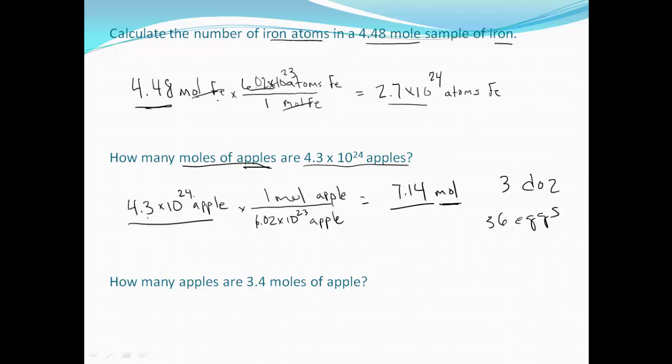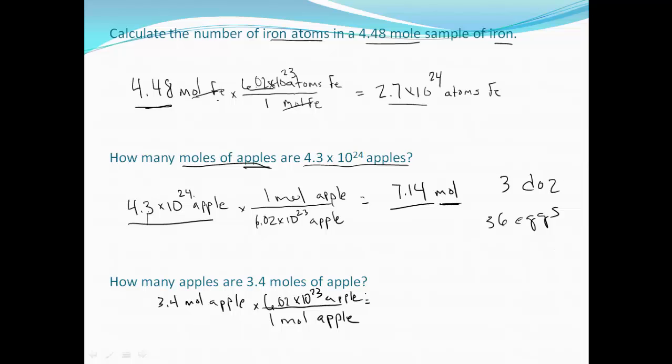So let's move on. We have 3.4 moles of apples, and now we want to convert that to just apples. So again, we want to put moles in the denominator and 6.02 times 10 to the 23rd apples in the numerator.